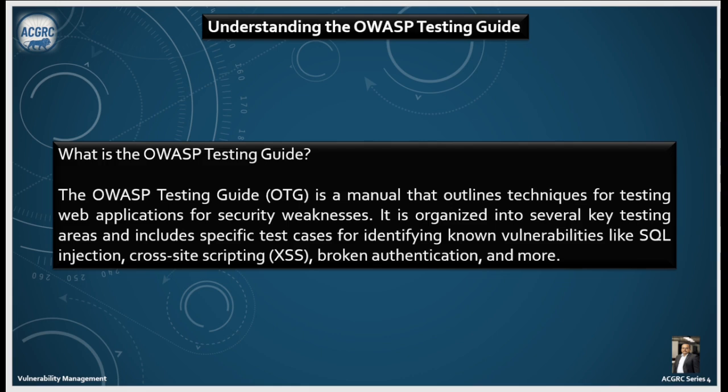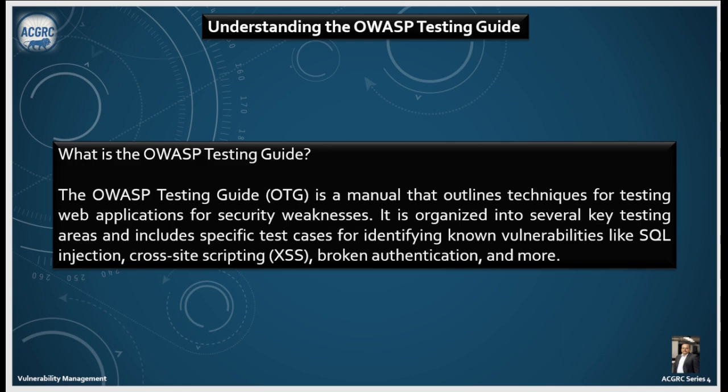In simple language, the OWASP testing guide is a step-by-step manual that helps security professionals test web applications for weaknesses, if there are any. It was created by OWASP, the Open Worldwide Application Security Project, a global non-profit that helps make software more secure.